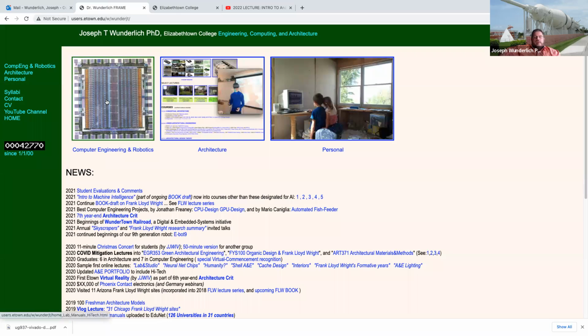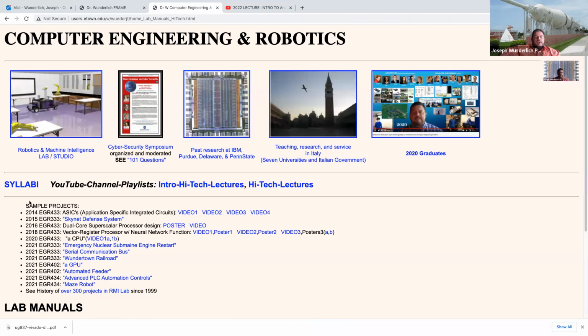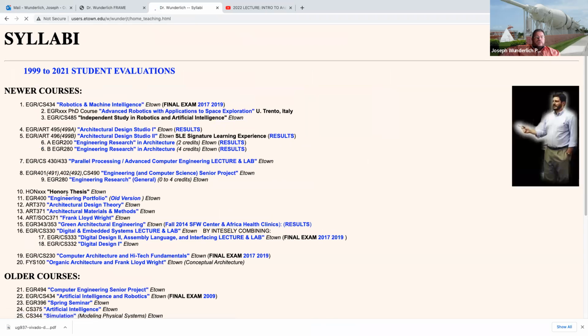So again, with the computer engineering courses, you hear me mentioning numbers that are changing, in case you're watching these and you're in the transition into the college. These two courses, 332 and 333, are getting merged into here. And so the assembly language is getting packed into digital design, and the interfacing is going to show up in the labs.